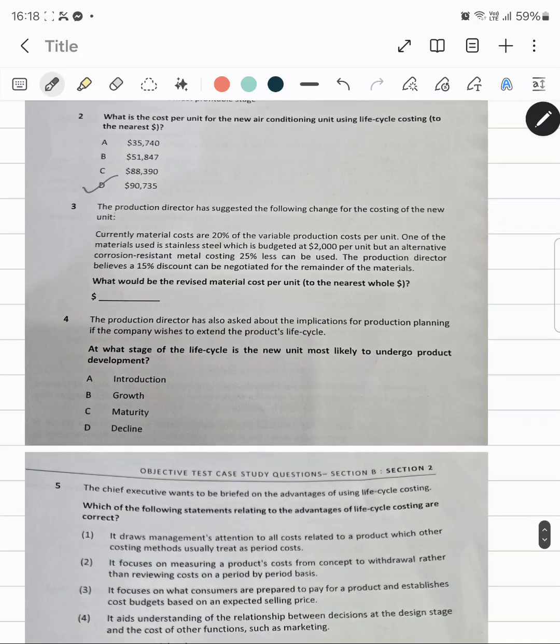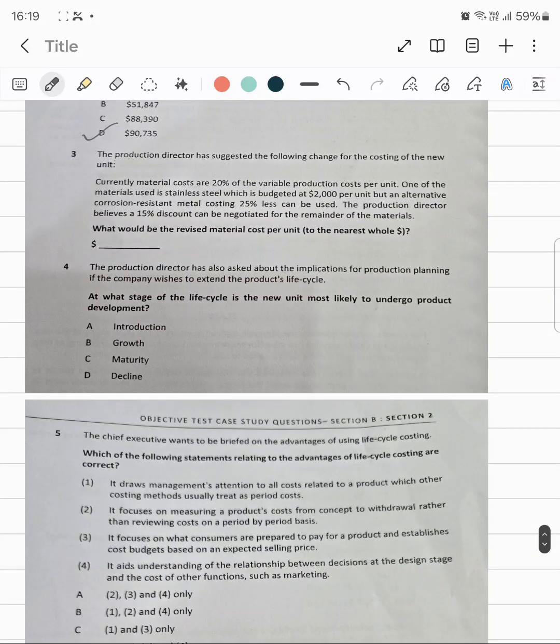Okay. Now let's come to part 3. The production director has suggested the following changes for the costing of new units. Currently, material cost are 20% of the variable production cost per unit.